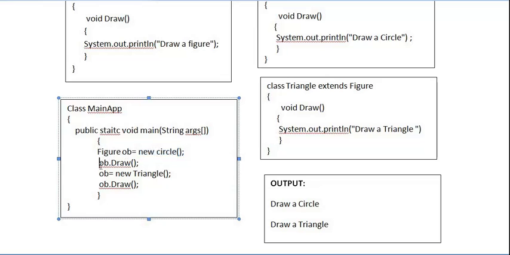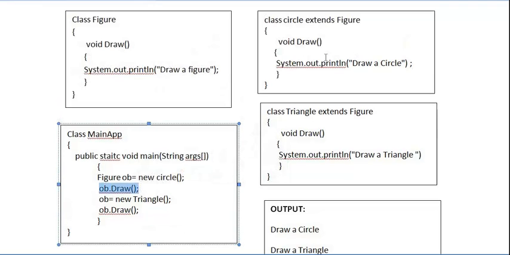So now we'll call ob.draw. It will execute the Circle class draw method. So this is what, circle. It will display draw a circle. Why does it execute Circle's draw method? At runtime we have stored the Circle object in the superclass object, so it executes Circle's draw method.